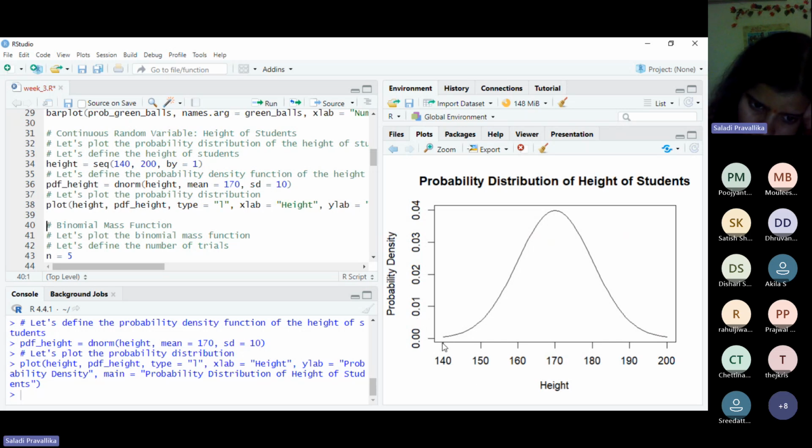Let us say we are taking a student, and we want to know the probability of that student having a height between 150 and 180. Then we can point here at 150 and 180 here, and take the area under this graph using integration, right?